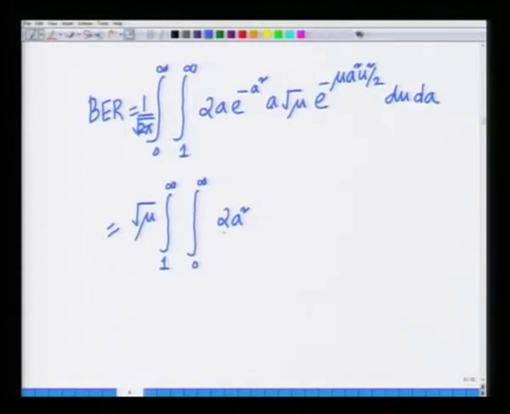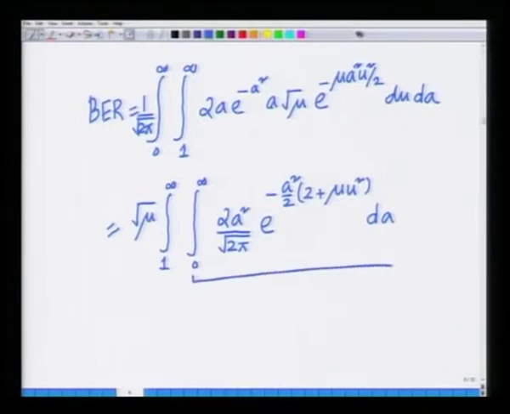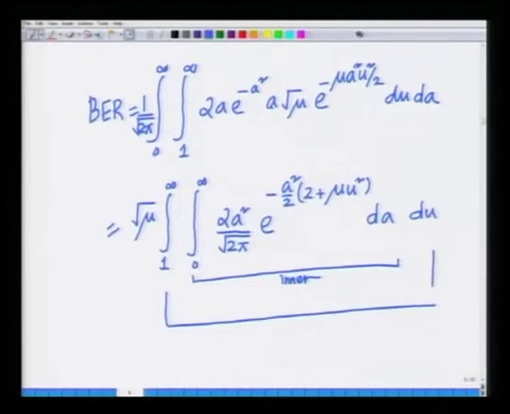I will pull this factor of square root of 2 pi in to write this as 2a square over square root of 2 pi, into e power minus a square over 2 times 2 plus mu u square, into dA, because this is the inner integral, with respect to dA, and this is the outer integral with respect to u.